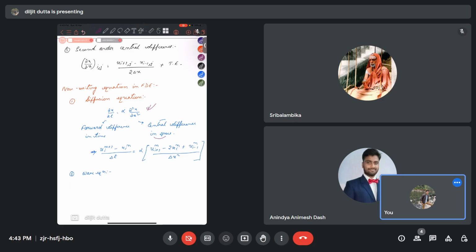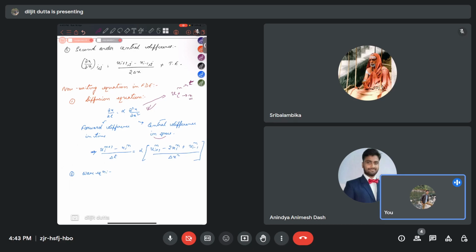So people have proceeded with the easier option, that is taking forward difference in time and second central difference in space. So u depends on both i comma n, where i is the space term and n is the time.